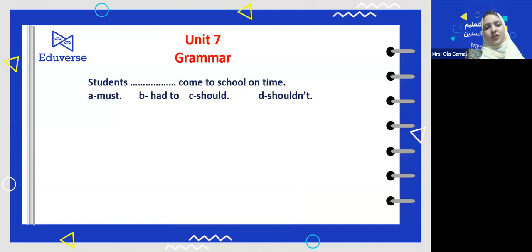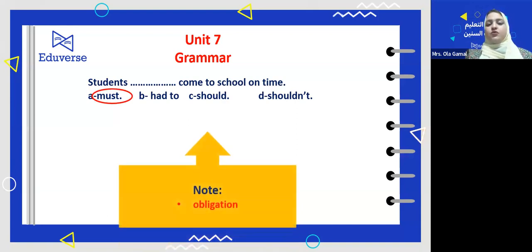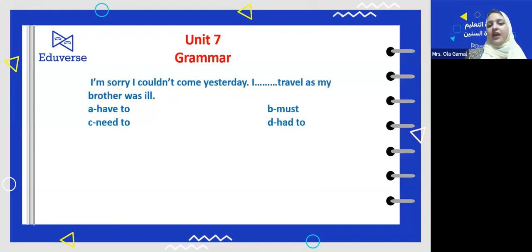Let's move to the next question here. Students what come to school on time. Students, this is a rule or a duty or advice or what? Yeah, it's going to be must. So students must come to school on time. So this is obligation. So they must come to school on time. I'm sorry I couldn't come yesterday. I traveled as my brother was ill.